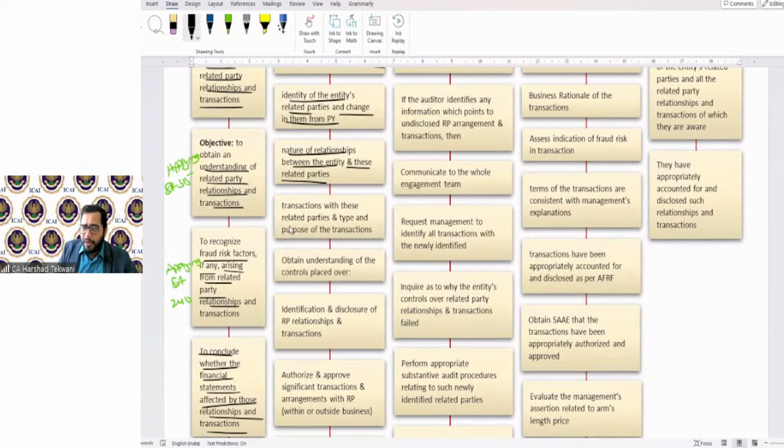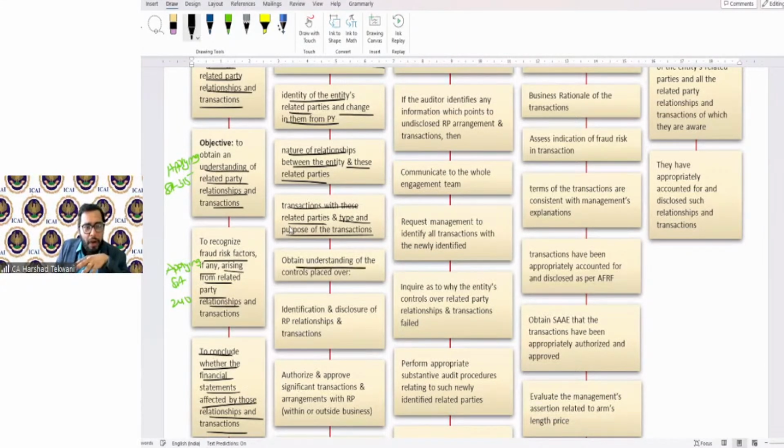Then transactions with these related parties and the type and purpose of the transaction, whether this is a cross charge, an interest transaction between intercompany entities, or a sale-purchase transaction.